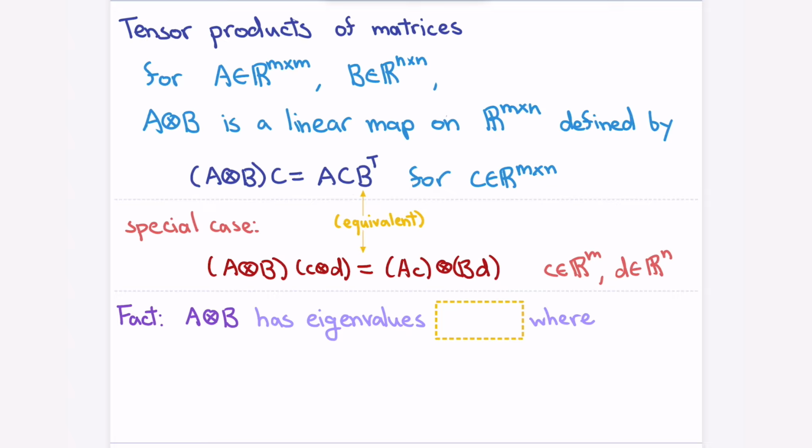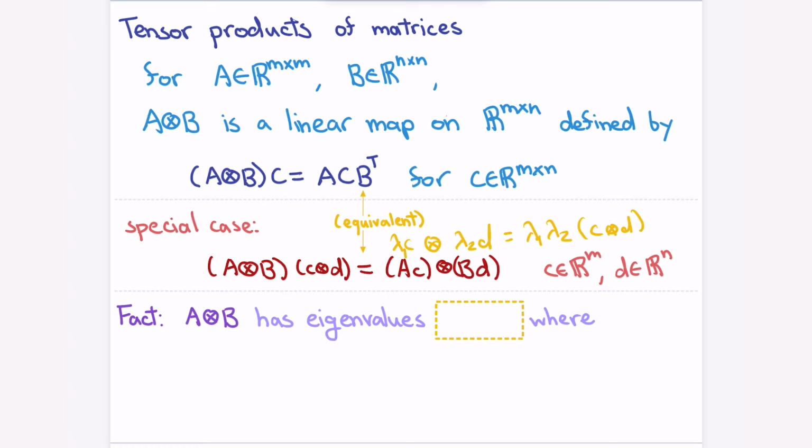So for example, suppose C was an eigenvector for A, and D was an eigenvector for B. Then inside here you would get something like lambda 1 C, lambda 2 D, where lambda 1 is whatever the eigenvalue was for C in A, and lambda 2 is whatever the eigenvalue was for D. So overall, you're going to get lambda 1 lambda 2 times the rank 1 term induced by C and D.